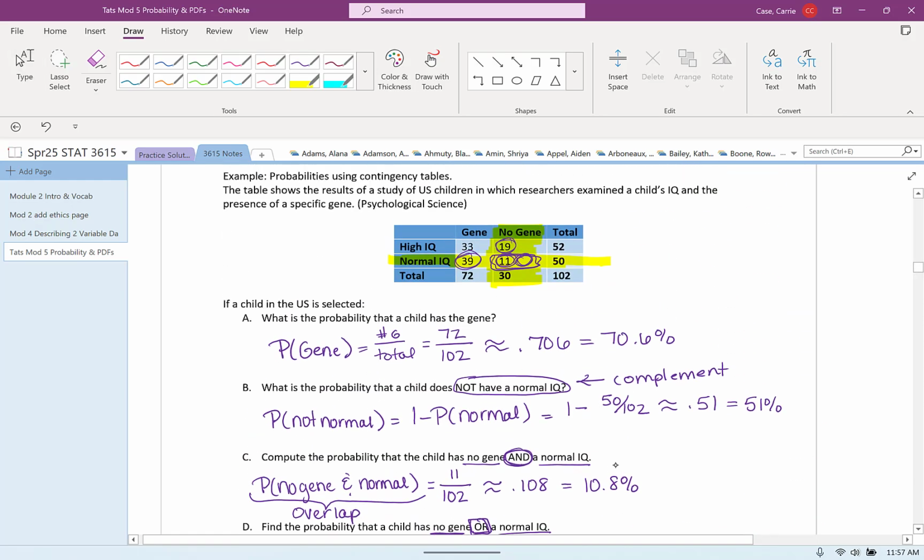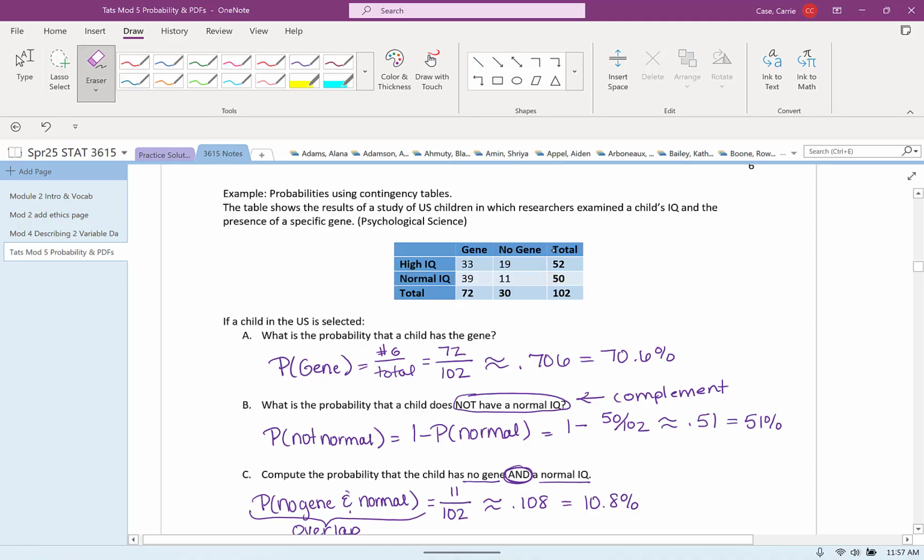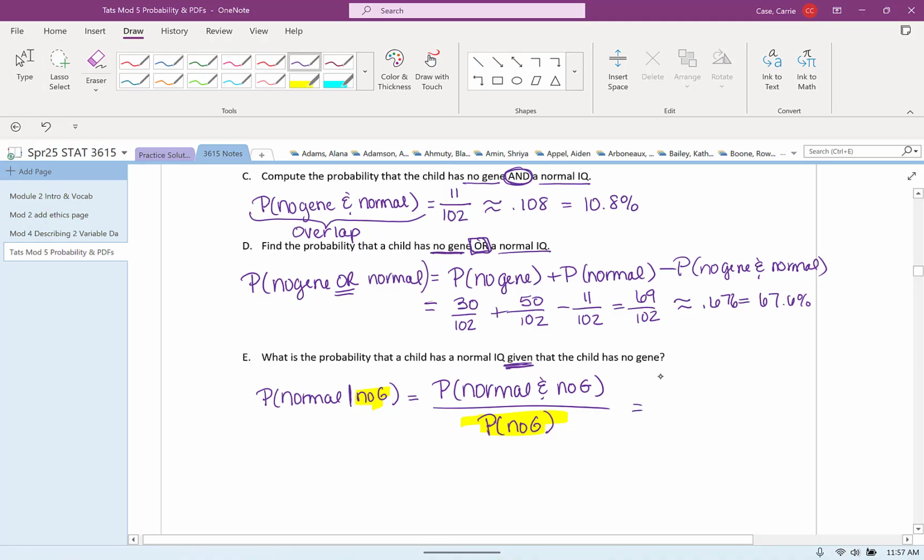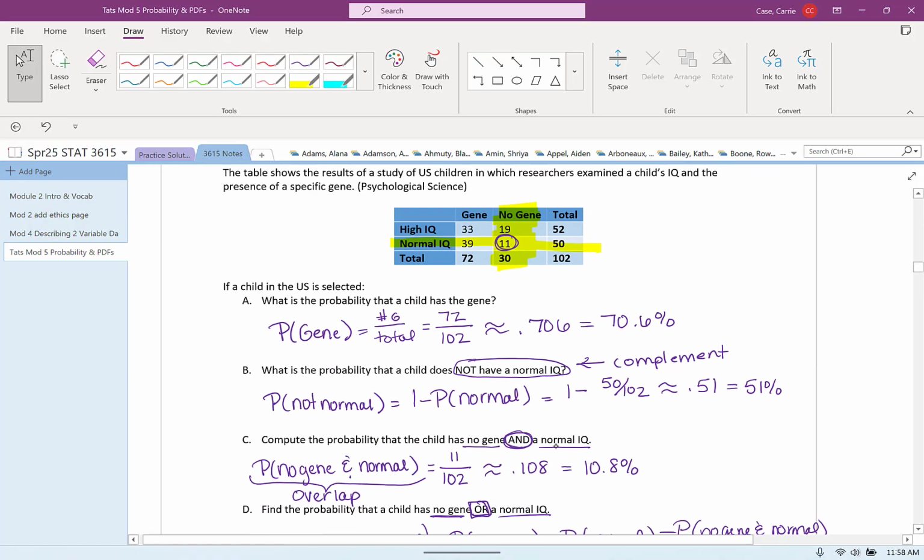So let's go back up and look at our table again. Again, I'm going to erase all my notes. So we want the probability of normal and no gene. So normal and no gene is where those two things overlap. So that's 11 out of 102 divided by the probability of no gene.